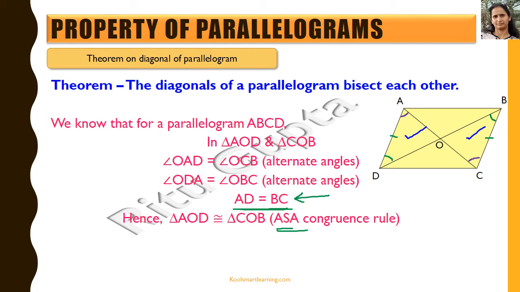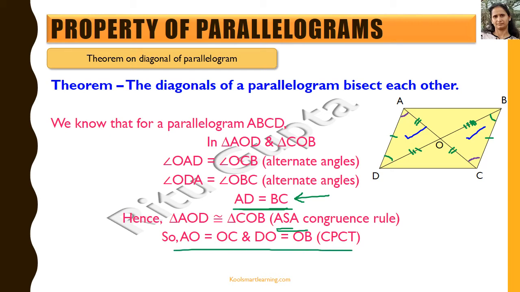So these two triangles are congruent by the ASA congruence rule. Now, based on this, we can say that AO is equal to OC and DO is equal to OB, by CPCT, the corresponding parts of congruent triangles. So with this we conclude that the diagonals of the parallelogram always bisect each other.